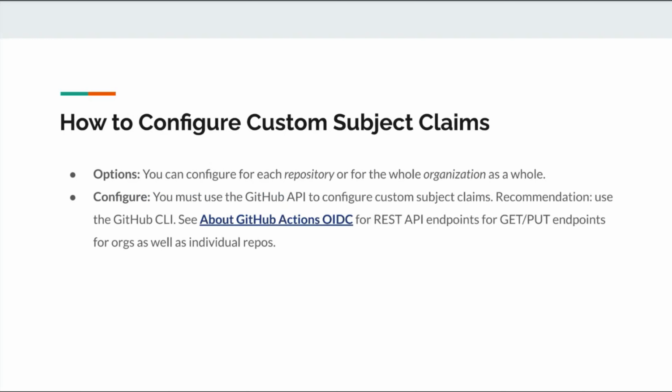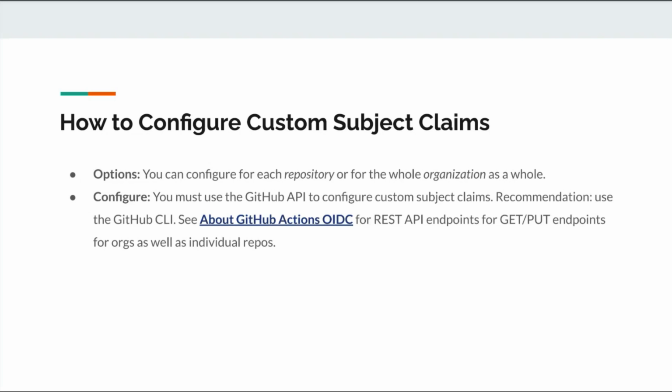Okay, so how is this done? Basically, you have two options. You can configure custom subject claims for each repo, or you can do it for the whole organization if you want to standardize how it works in your org. And the way that it's configured is, unfortunately, you can't use any sort of settings tab or settings window in the GitHub dashboard.